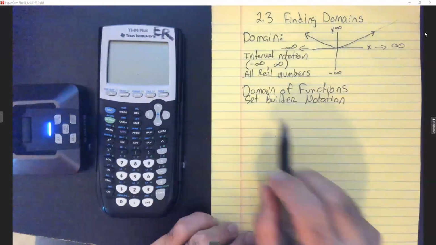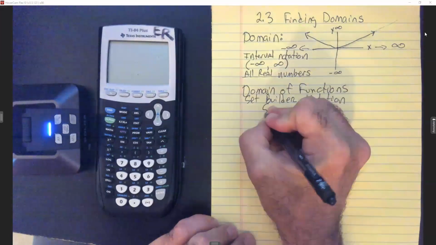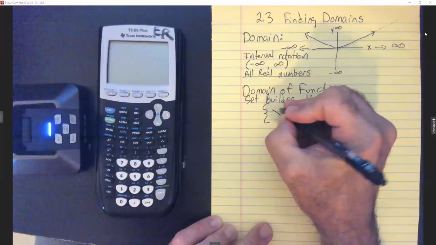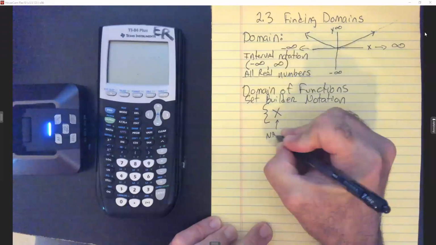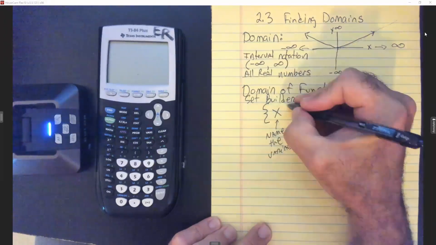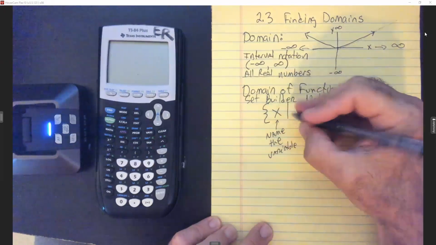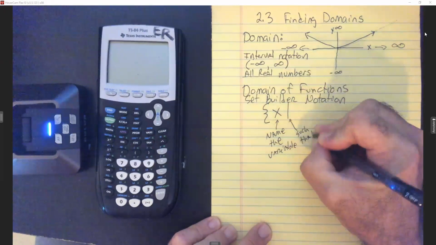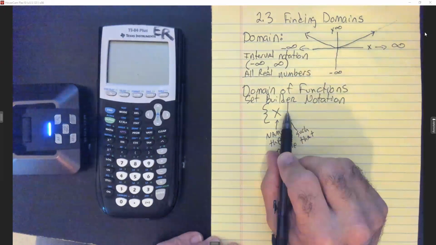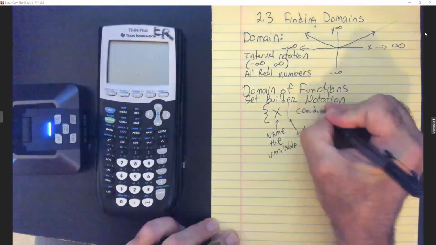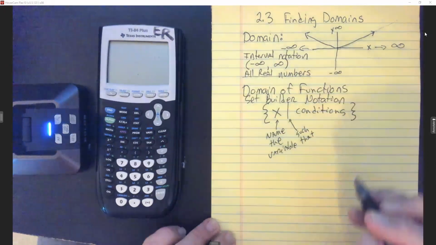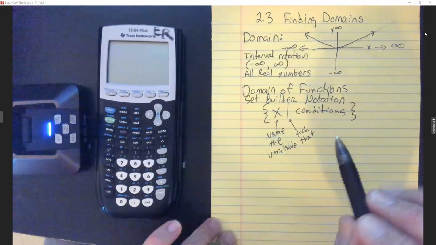So, set builder notation, they use these fancy parentheses. They put the variable in there, so that's going to name the variable. Then you'll see a bar. That bar means such that. So if you ever had a computer and you wondered what that bar means, it means such that. And then over here we put the conditions. The conditions are like x is greater than 5, x is equal to 5, x cannot be 5, and so on, okay?